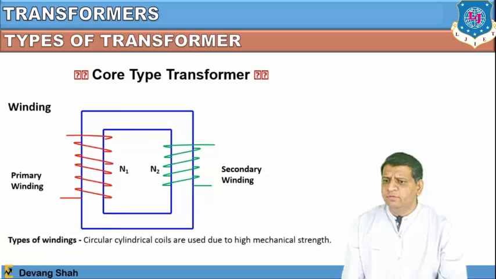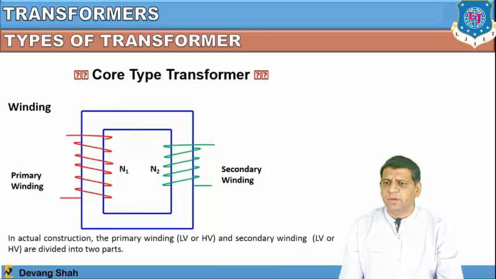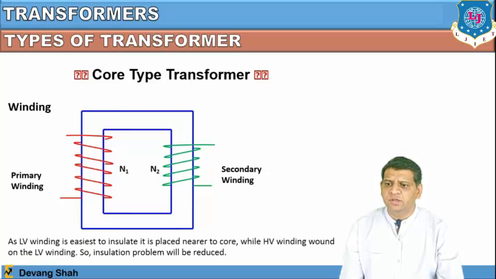If we further discuss the shape of this winding, circular cylindrical coils are used due to their high mechanical strength, where in actual construction the primary winding may be low voltage or high voltage, and the secondary winding is also available as low voltage or high voltage, right? So in the real case the low voltage winding is easiest to insulate.